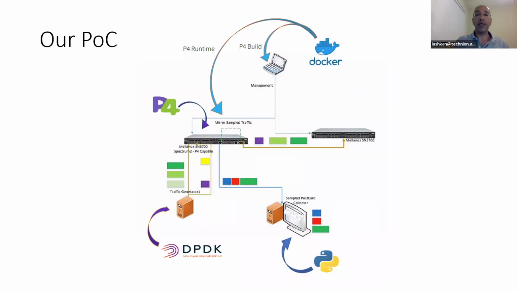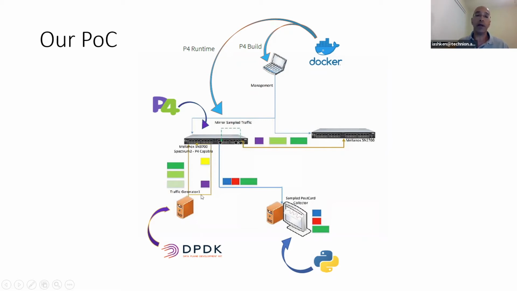In our POC, which was very simple, we used two Mellanox switches. One is the Mellanox SN3700 with Spectrum 2 silicon, and the other is a Spectrum 1 switch, which we use only for packet switching.